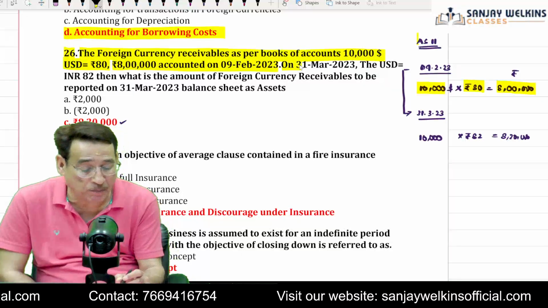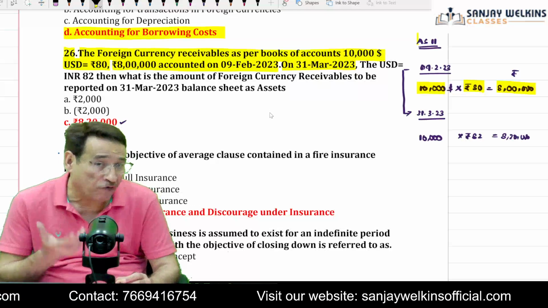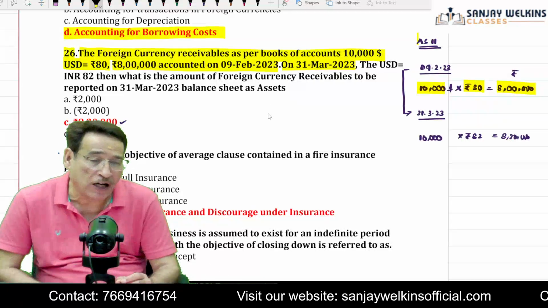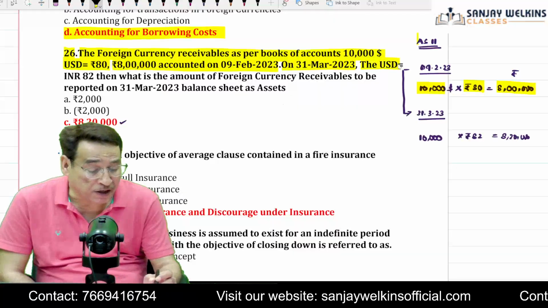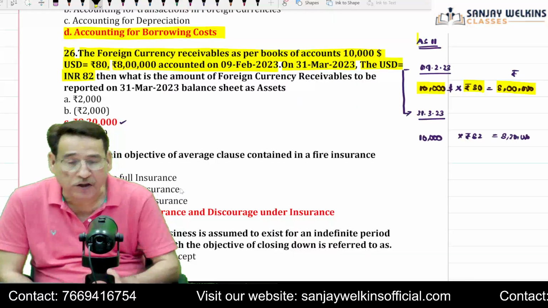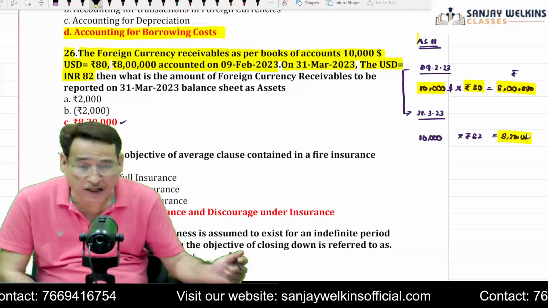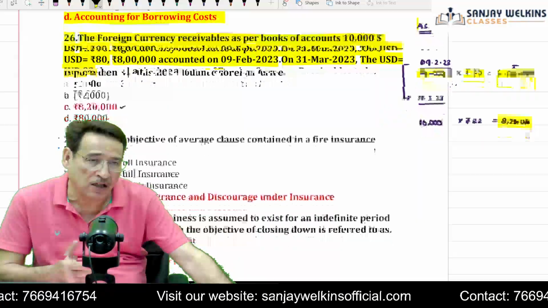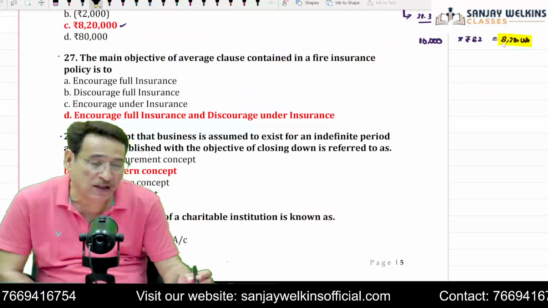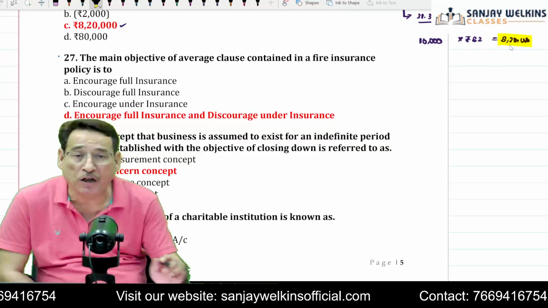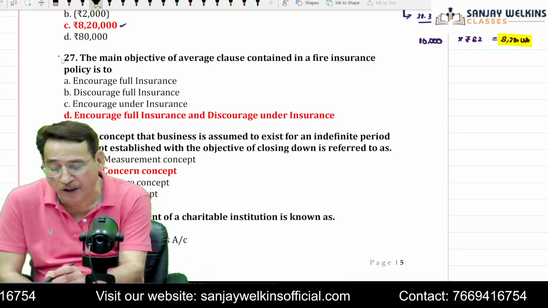Now the question is simply asking at what value you are going to record this transaction on 31st of March. It is given that $1 is equal to 82, so we will record it at 8,20,000. Although the question hasn't asked, you should know that because in this case it is a gain to you, the gain of 20,000 will be recorded in the statement of P&L.